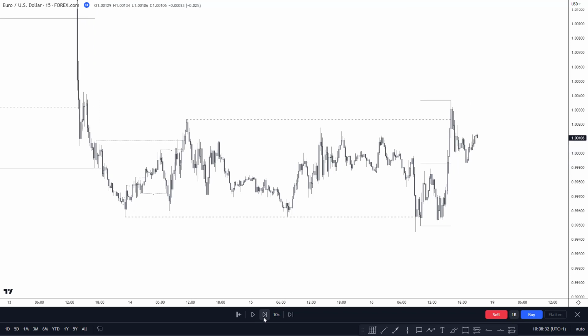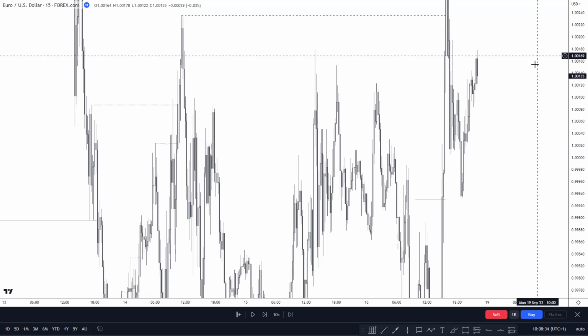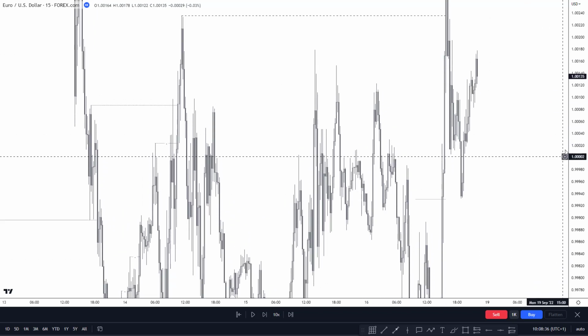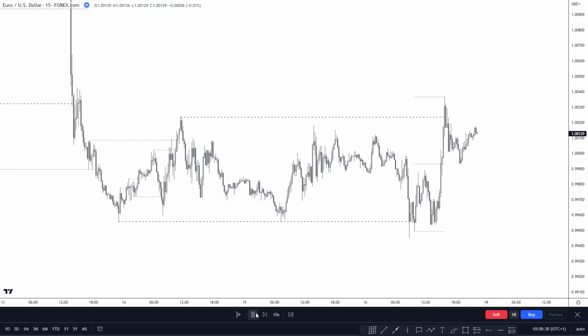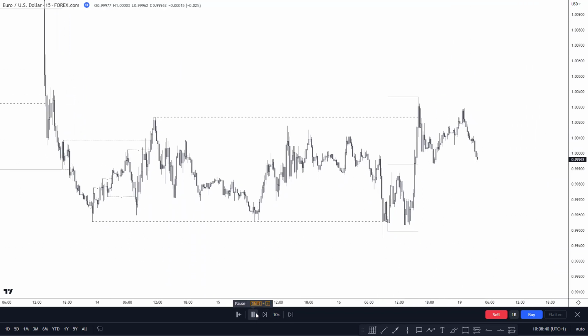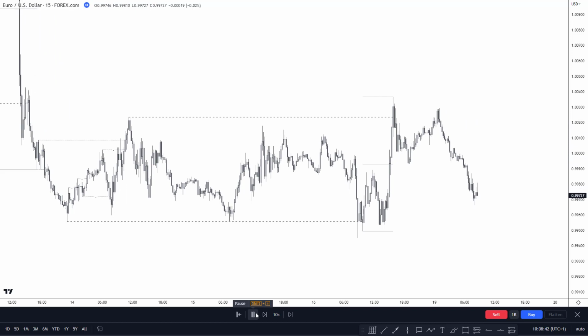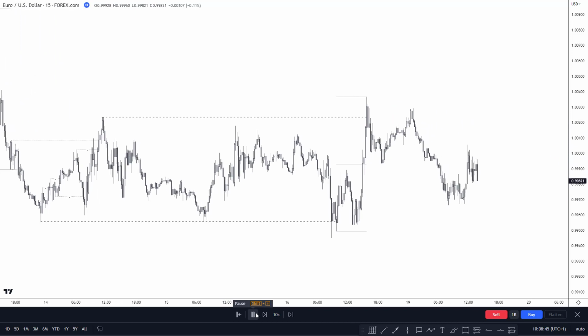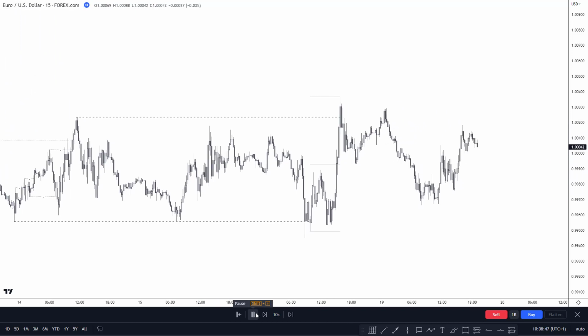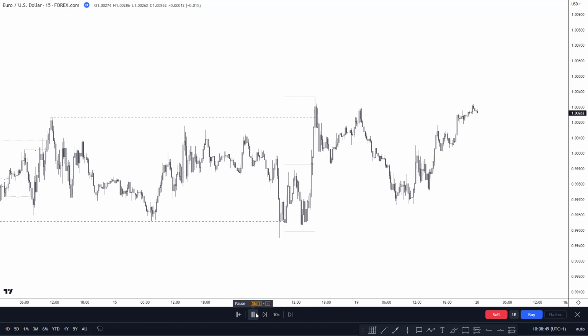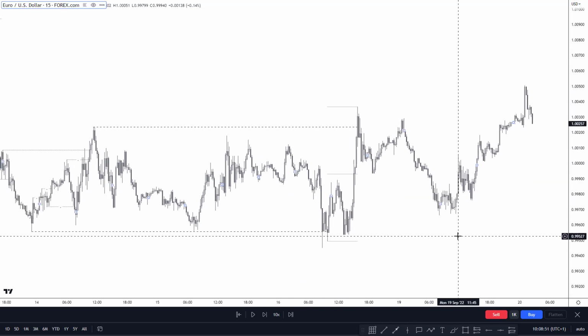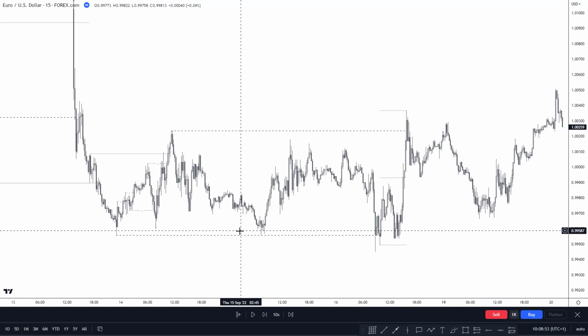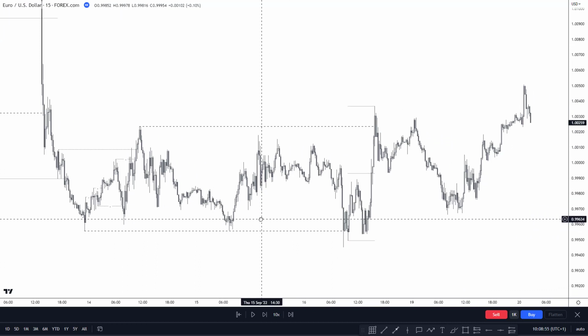We'll go on for a little bit further. You can see we've come not quite into that discount, and now we have come into that discount. Very rangy, and now we've broken that high.